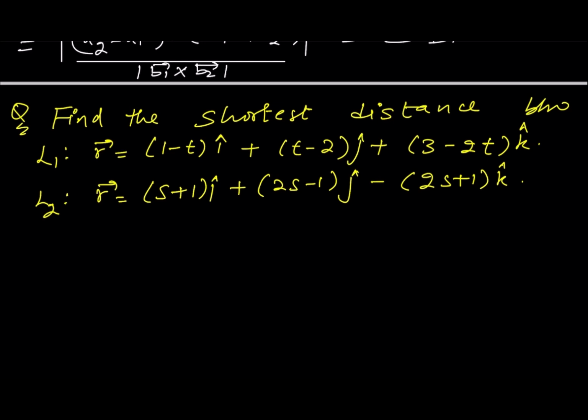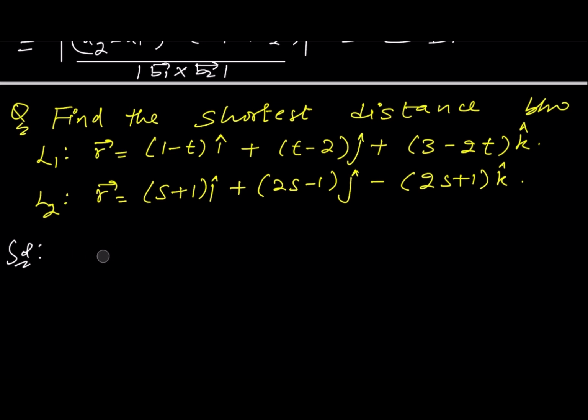So in the given question, equation of line is written in mixed form. We have to write equation in standard form, that is a1 vector plus lambda times b1 vector type.